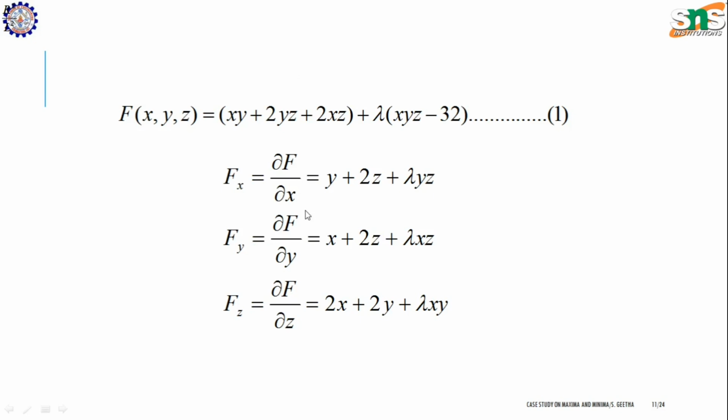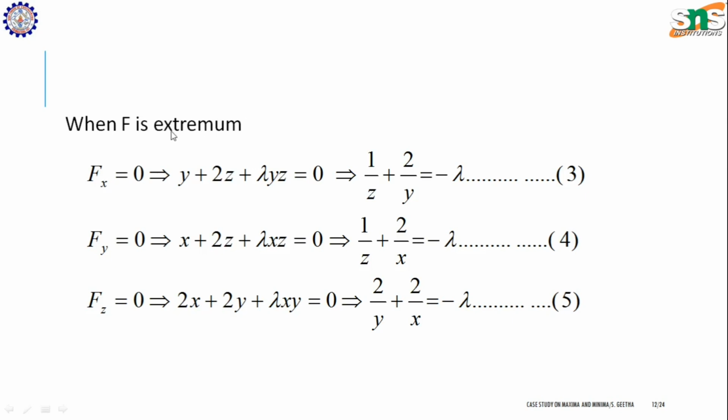Differentiating 1 with respect to x, we get y plus 2z plus lambda into yz. Next, Fy, differentiating 1 partially with respect to y, we get x plus 2z plus lambda into xz. And Fz, differentiating 1 partially with respect to z, we get 2x plus 2y plus lambda into xy.